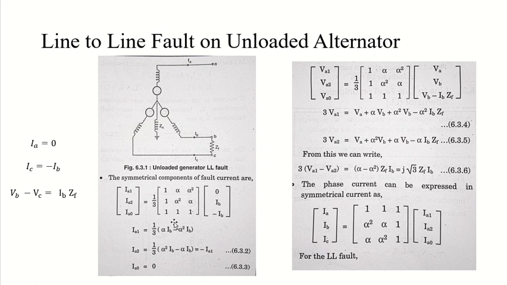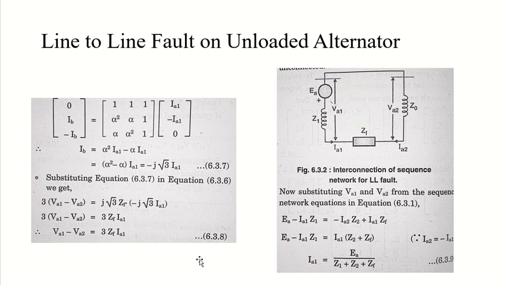Wait a minute. Initially derived equations, which are basically this equation: VB minus VC is equal to IB ZF. So from that we can find the value of VA1 and VA2 as well, because you know VA1 and VA2 from these equations.